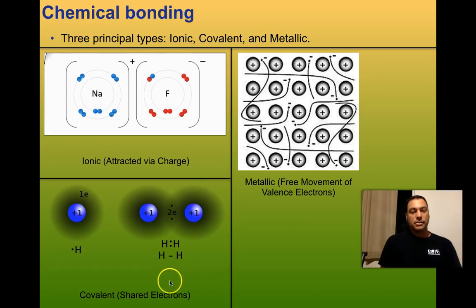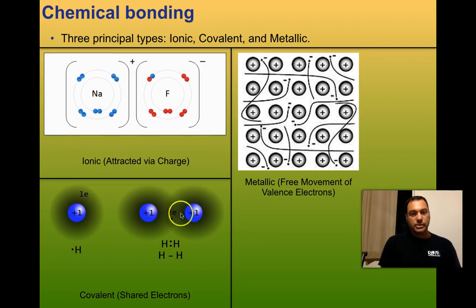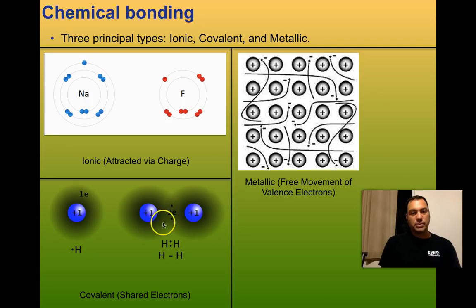By comparison, we have covalent bonds. So here we have a hydrogen, which has one electron unto itself. And then we have, in this case, two hydrogens. But notice that they can bond one with another. This one has its own electron, this one has its own electron, and they're able to actually share the two electrons equally rather than each having their own.